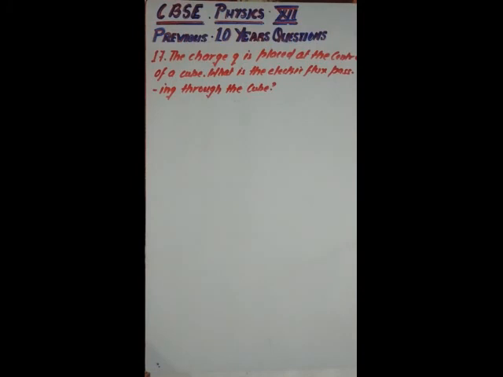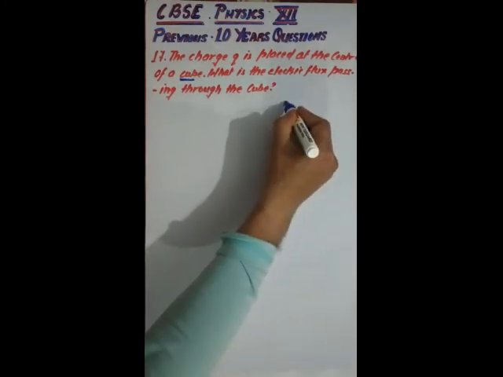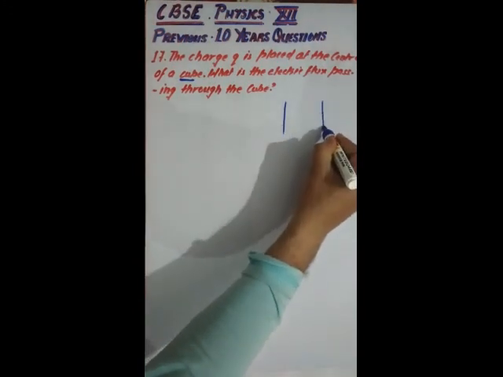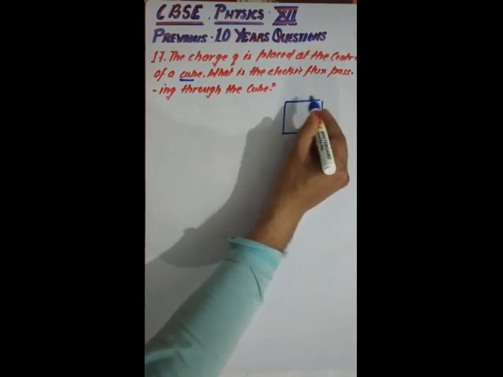The charge Q is placed at the center of a cube. What is the electric flux passing through the cube? Suppose it is a cube.